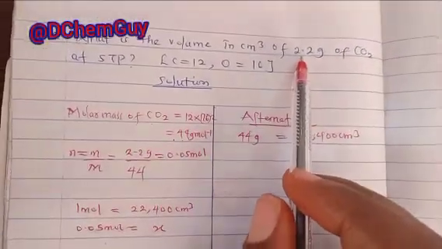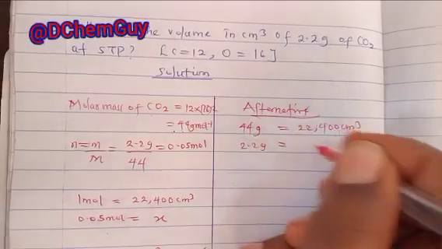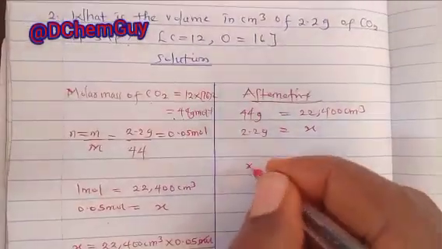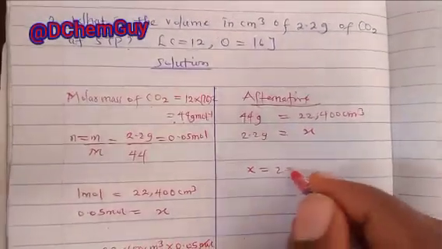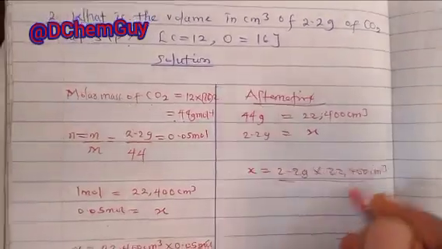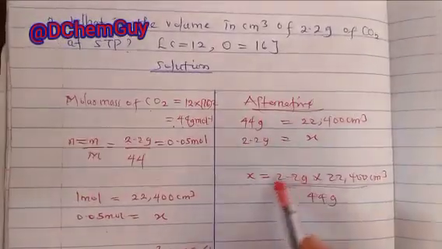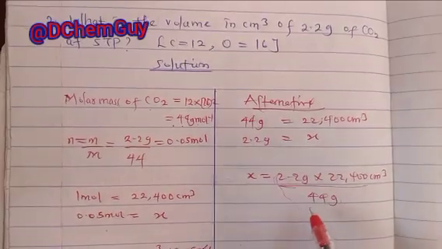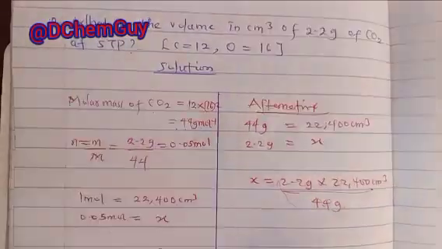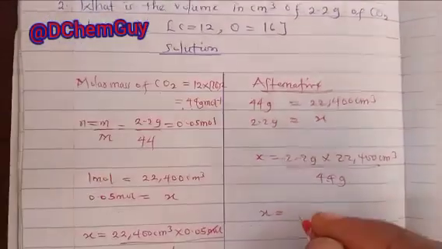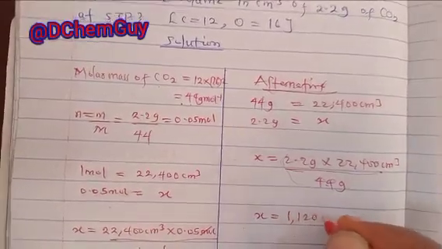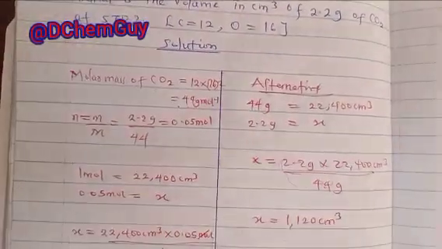The mass you are given is 2.2 gram, which equals x. So x equals 2.2 gram times 22,400 cm³ over 44 gram. This side alone looks like mass over molar mass times volume, almost the same as number of mole. So the answer is 1,120 cm³. Okay, thank you.